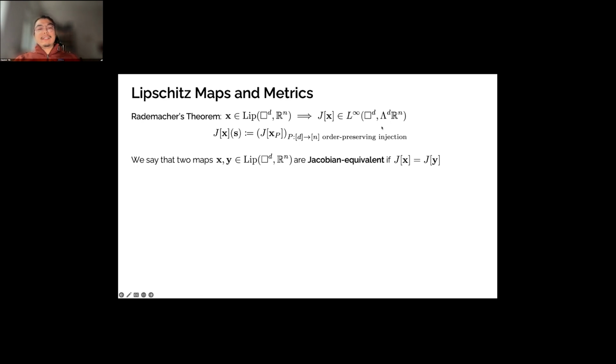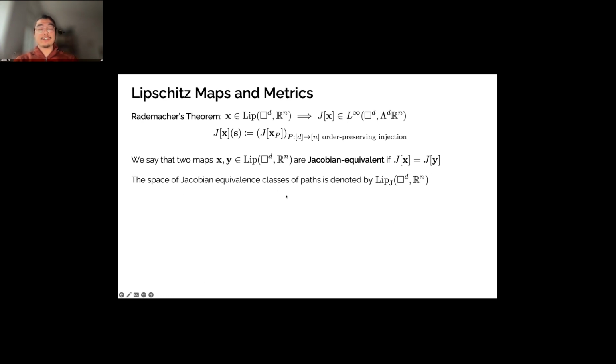And since our mapping space signature was defined using only Jacobian minors, this introduces an immediate invariance. We say that two maps X and Y are Jacobian equivalent if all of their Jacobian minors are the same at every point in the D cube.